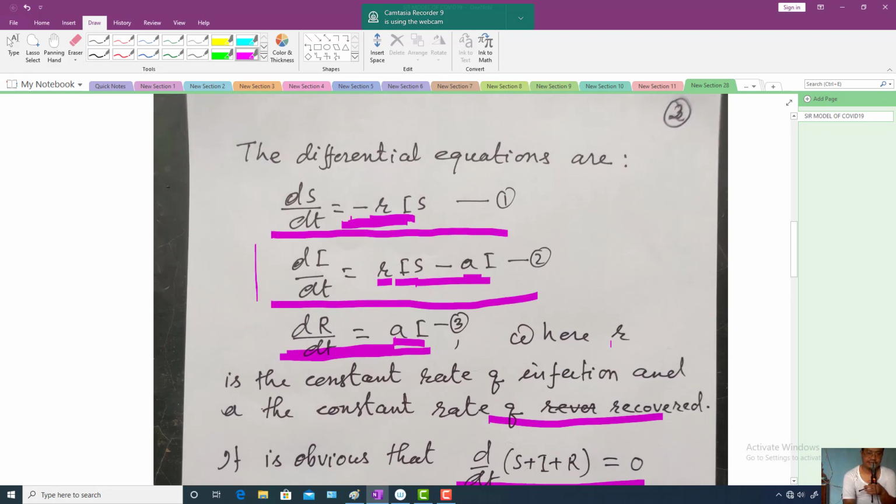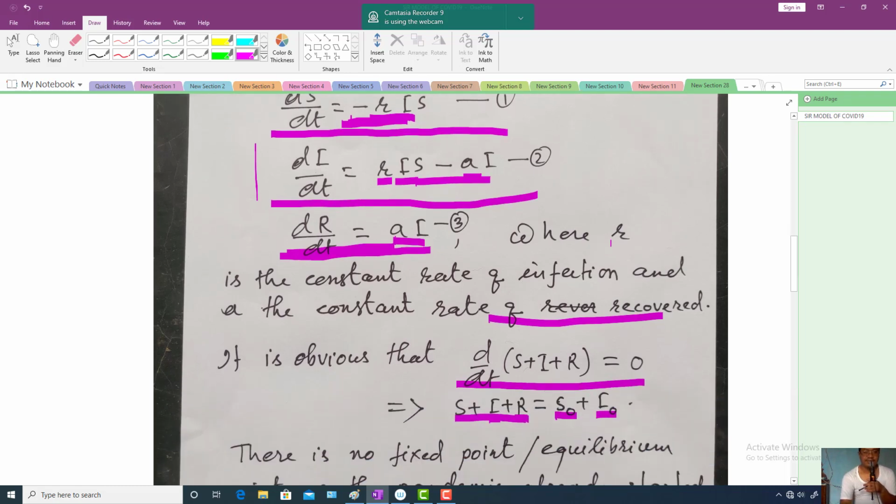This constant R and A will play a vital role in determining the pandemic condition. And one more thing, this is the recovered one. If you want fast recovery, that means if fewer people are dead, or you want all the infected people to recover, then medically what do you have to do?